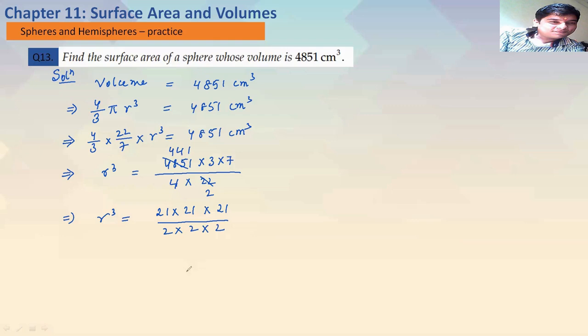Yeah. So this is actually 21 by 2 cubed. Is there a doubt? No. So we can have this cube eliminated, and we shall have 21 divided by 2 centimeter as the radius. See, is there a doubt?